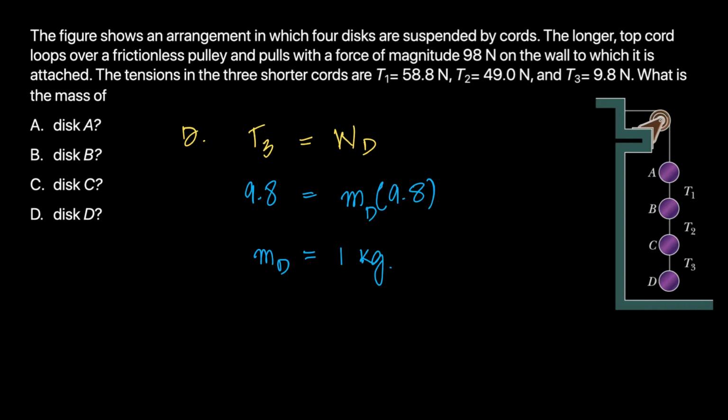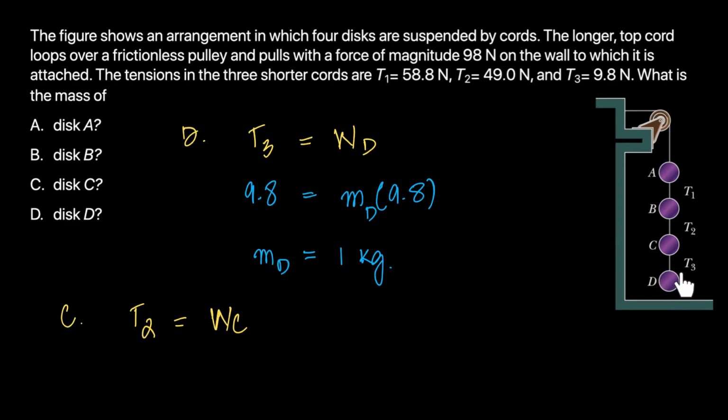Pretty sweet. Then we have C. The tension in T2 should be equal to the weight of C plus the weight of D. I can put the weight of D in here or the tension.